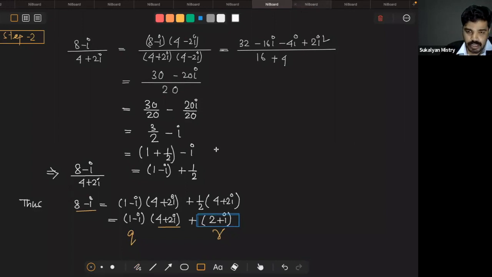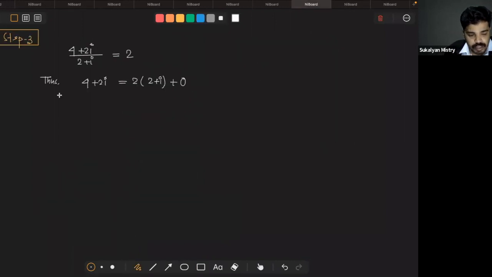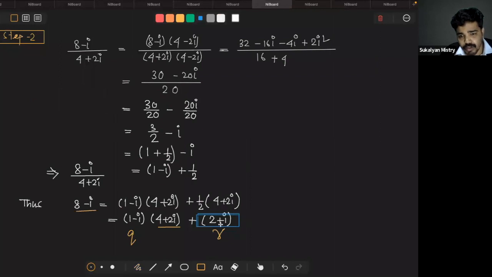Hence, therefore GCD of -3 plus 11i and 8 minus i will be কি দেখো, রিমাইন্ডার 2 plus i.